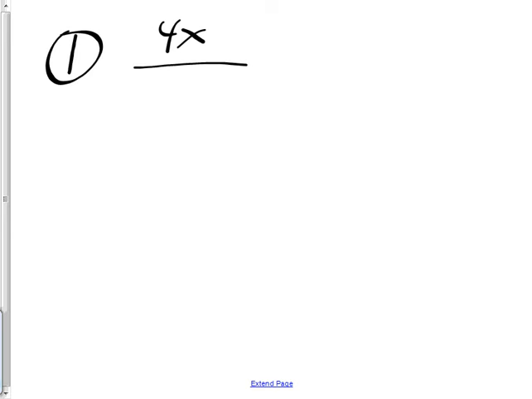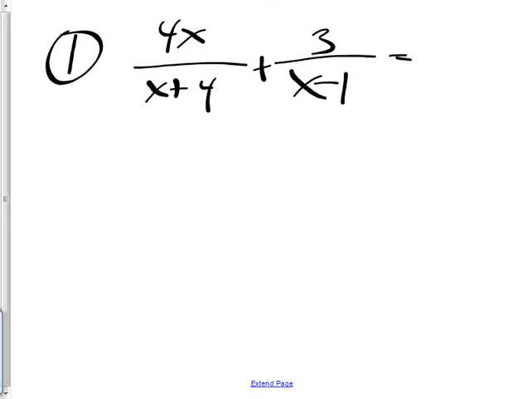4x over x plus 4, and then plus 3 over x minus 1, and it's equal to 15 over... Now, this thing looks like it's really nasty at the end, but it's all just going to cancel anyway. When you multiply out the x plus 4 and the x minus 1, it's all going to work out nice.